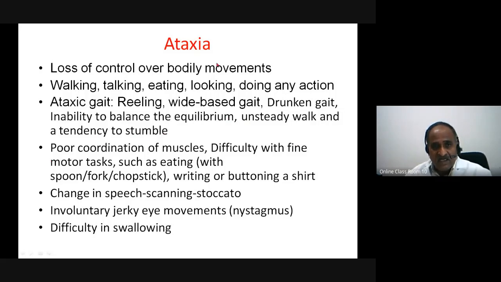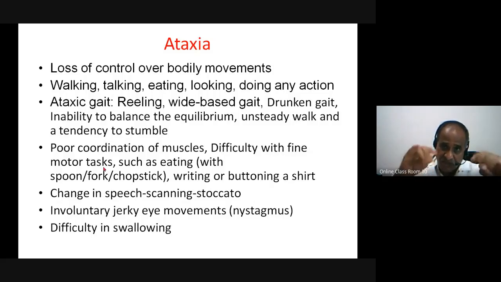Then ataxia is a poor coordination of muscles, with difficulty in fine tasks, especially with the fine distal muscles. Say, for example, you ask the individual to use a spoon, fork, or chopstick. Whatever that precise movement is, it is missing, with poor coordination.